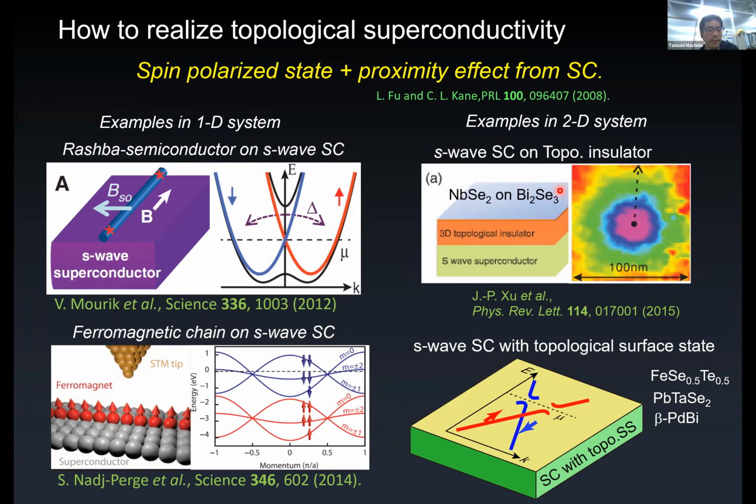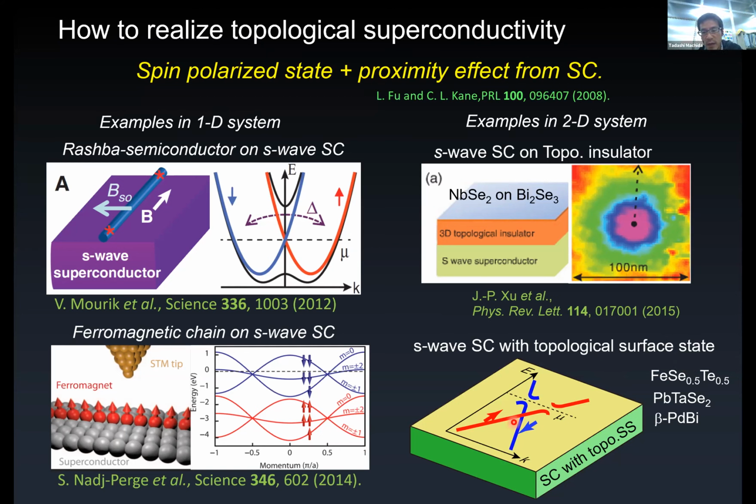In addition to these artificial structures, it has also been proposed that s-wave superconductors with topological surface states are expected to be one of the candidate systems for topological superconductors.